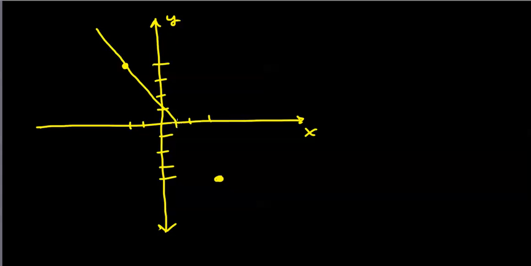Let me connect those 2 points, indicating the line through those 2 points. Let me label briefly the coordinates here. This point has coordinates (-2, 4). This point has coordinates (3, -4).